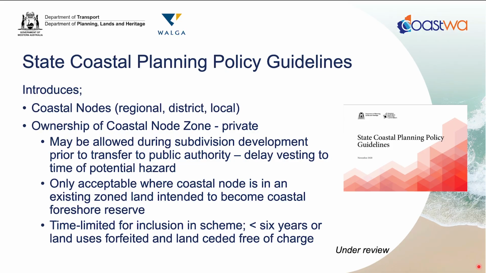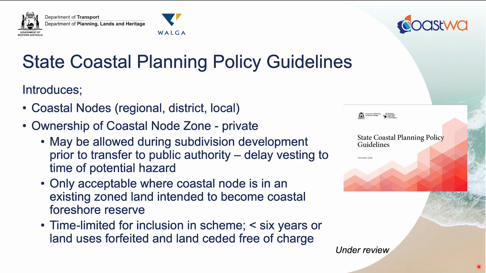The State Coastal Planning Policy Guidelines also introduce the concept of coastal nodes. So it identifies 3 different types: a regional, a district, or a local coastal node. It uses the example of Busselton for the regional node, so suggesting a fairly significant node with a lot of activities, things like restaurants and parks and lots of parking, showers, etc. It uses Trig as the example of a district coastal node, so smaller scale, some of those same functions and features, but typically a little bit more local attraction, so from the neighbouring suburbs.